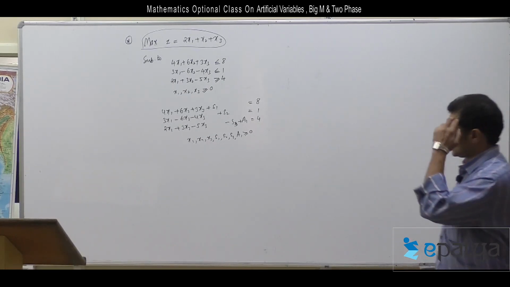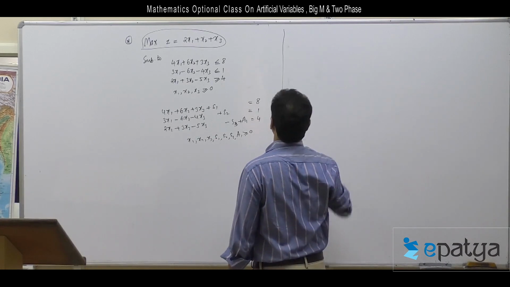So an artificial variable exists, therefore we use the two-phase method.